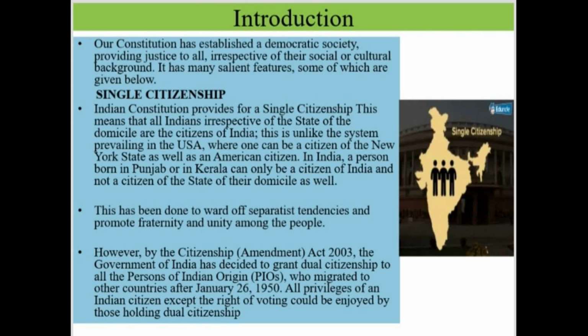Those who have migrated to other countries after January 26, 1950, that means after the country became a republic, and if they have settled in another country after our republic, even then they'll be given citizenship of our country as well as the citizenship which they have in the other country.